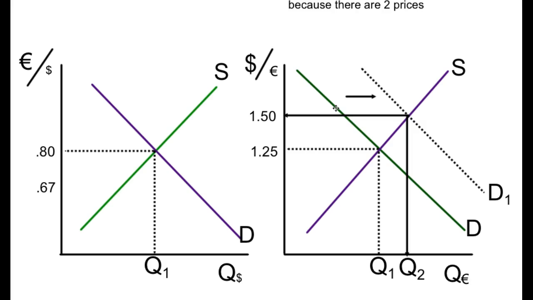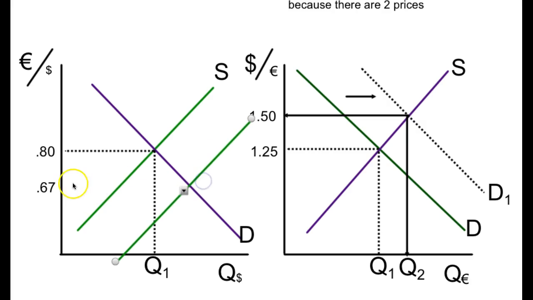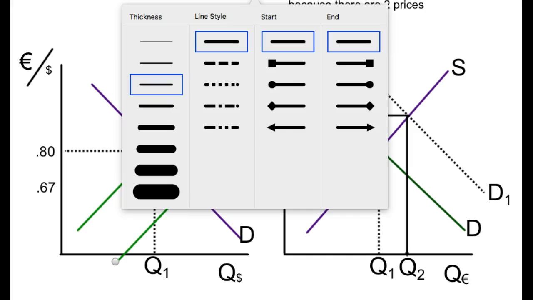So if this green line for demand is shifting to the right, this green line of supply also has to shift to the right. In order to buy those euros, the Americans have to be willing to bring their dollars with them to the market. So if the demand is shifting to the right in the euro market, the supply must be shifting to the right in the euro market. And that works because it will bring us to this lower price that we know now there must be a lower price for the dollar.